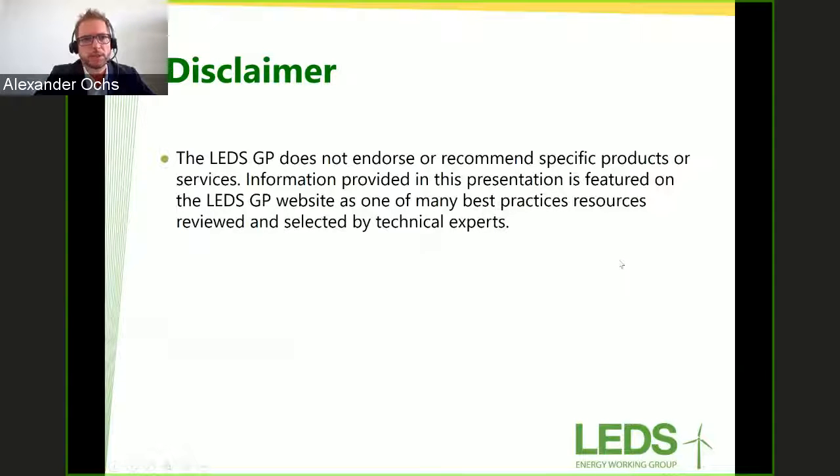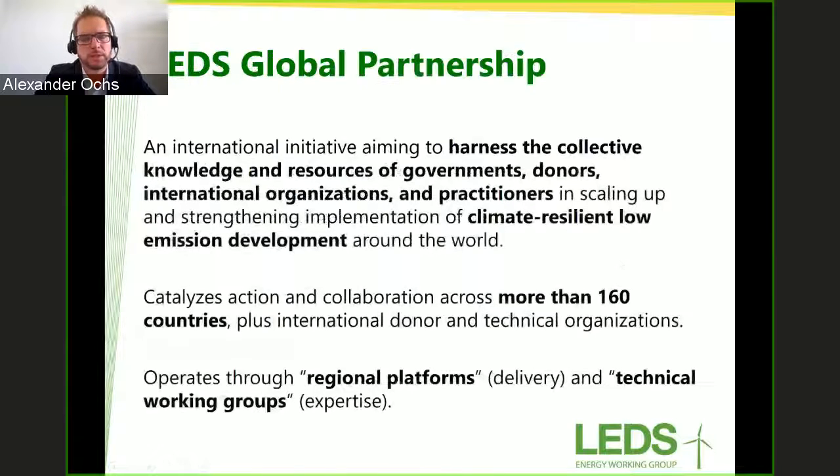Here we go. Brief introduction to the LEDS Global Partnership. The LEDS Global Partnership was founded some 7 years ago on initiative of the US government. It is an international initiative that brings many funders together to jointly support, in developing countries, governments, country teams, technical experts.